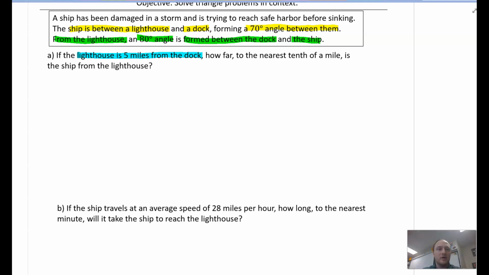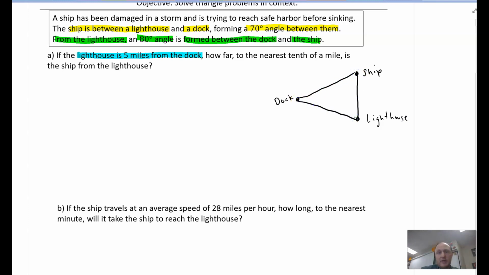Let's draw a picture that can help us understand what's going on. Here is our ship, and this ship is between a lighthouse and a dock. I'll put another point here and call this the dock, and this is the lighthouse. If you just want to use letters, you can do that, but I have a triangle.